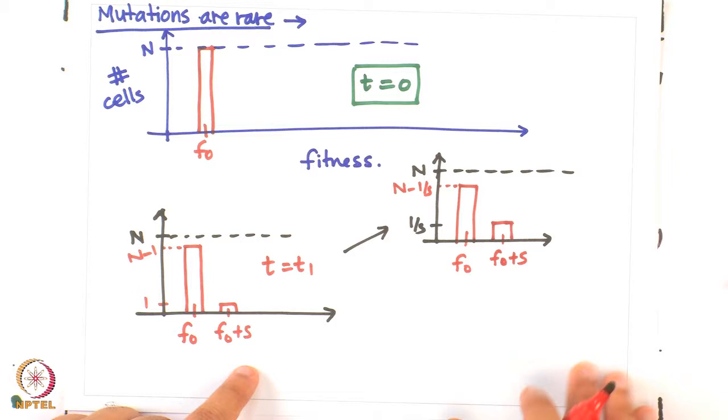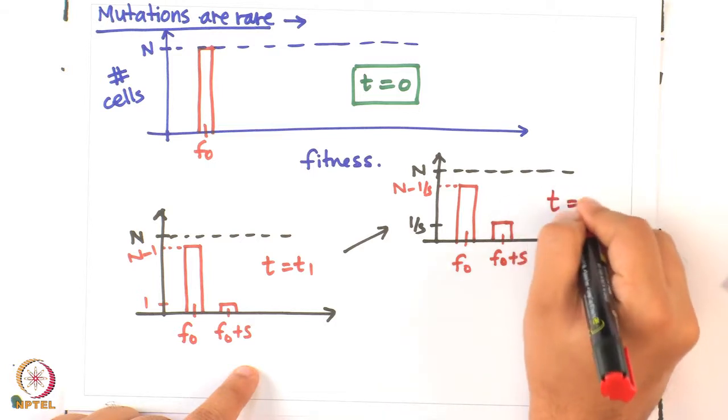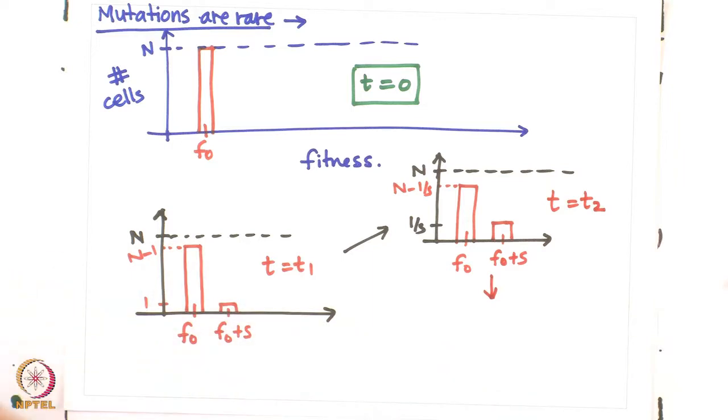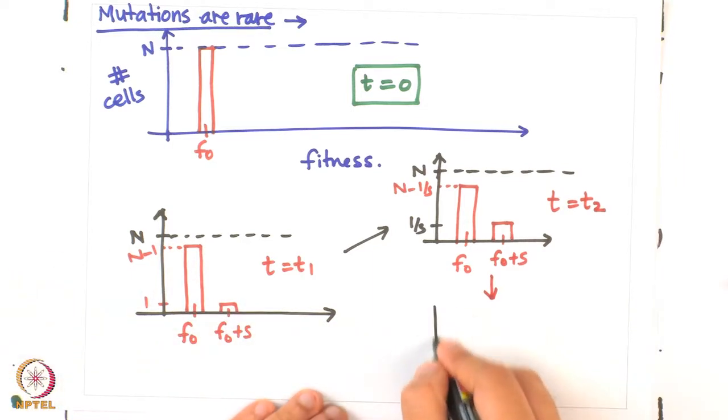And now the mutation has gotten established. This is t equal to t2. Now selection takes over and fixation of this mutation happens.